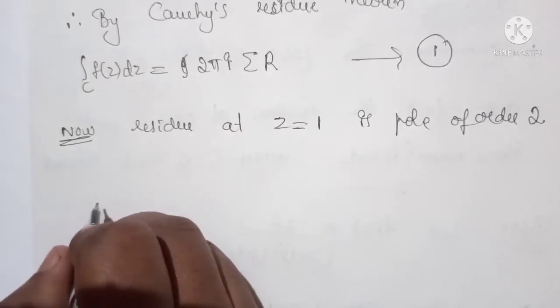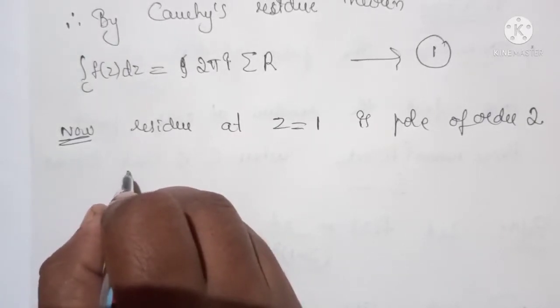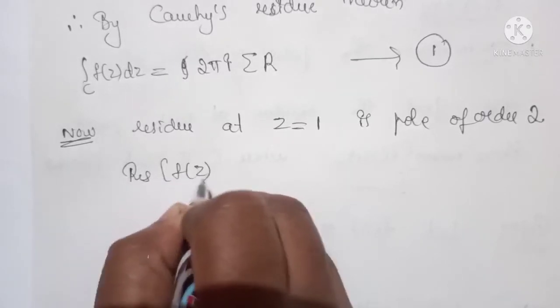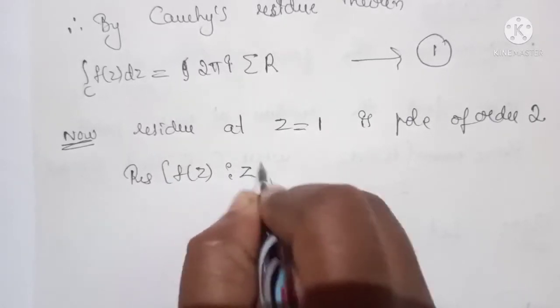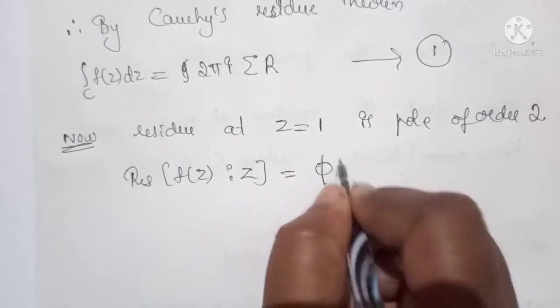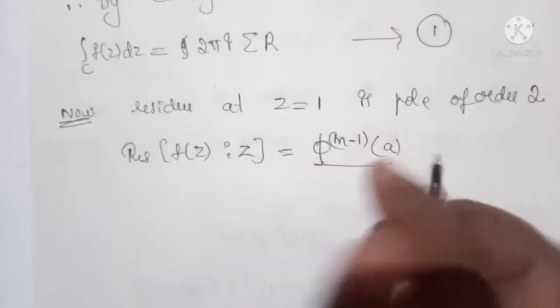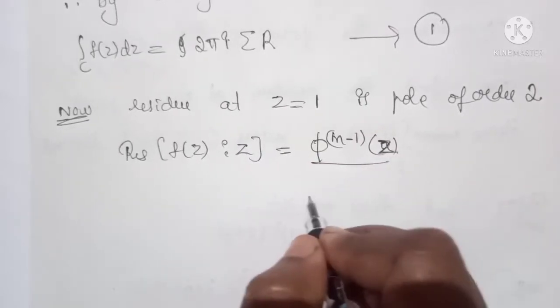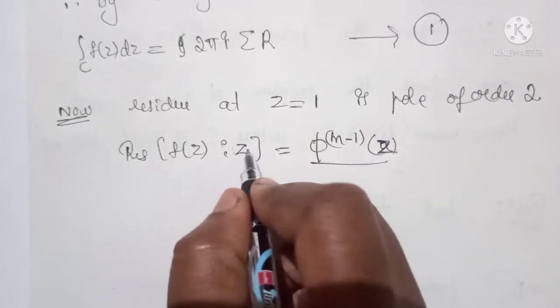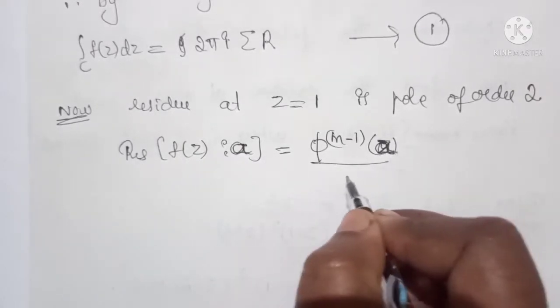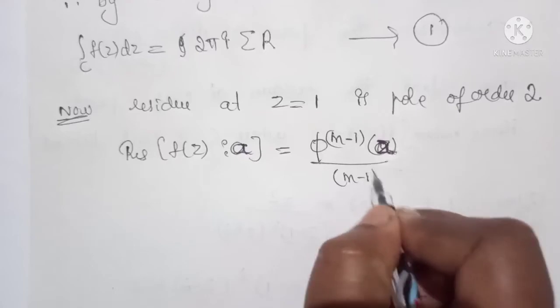Thus we use this formula: residue of f of z at z equals a is phi of (m minus 1) of a divided by (m minus 1) factorial, with the derivative evaluated at z equals a. So this is our formula.